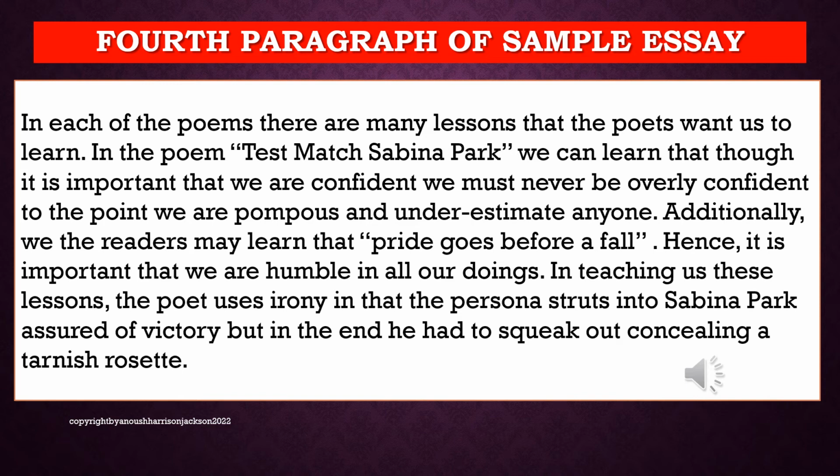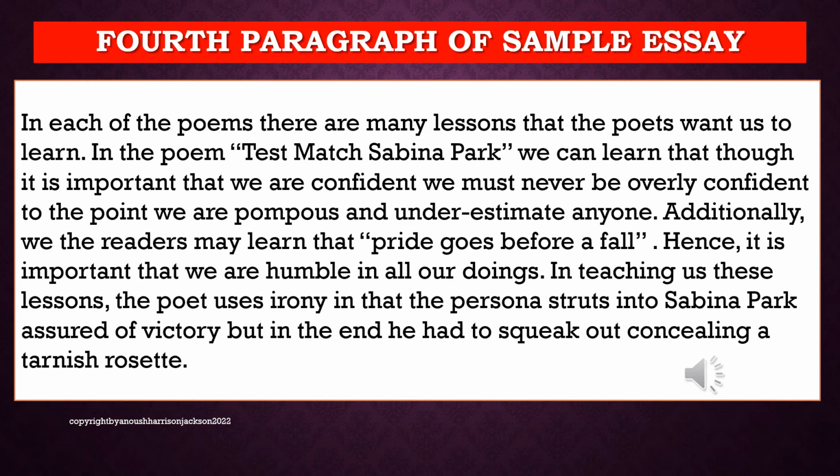In each of the poems, there are many lessons that the poets want us to learn. In the poem Test Match at Sabina Park, we can learn that though it is important that we are confident, we must never be overly confident to the point where we are pompous and underestimate anyone.